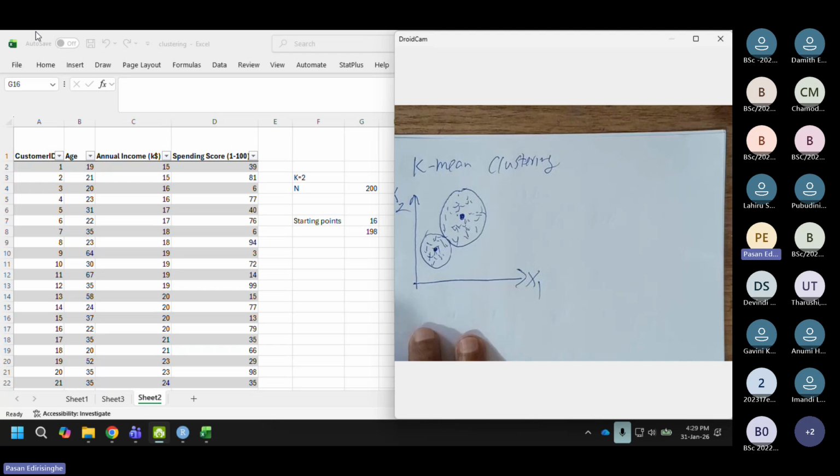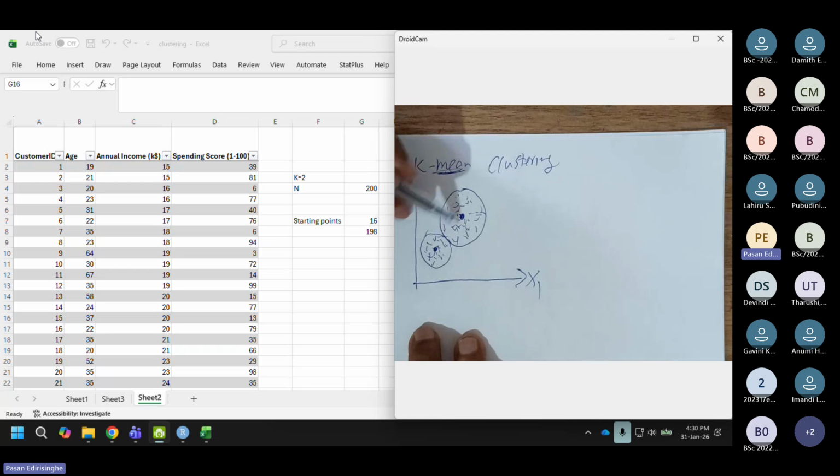Under the k-means method, what I will try to do is to find the centers. The center is like the average of all the observations in that cluster, right? Once you take all these observations, that's the center. So that's the average, and that's why it's called k-means.